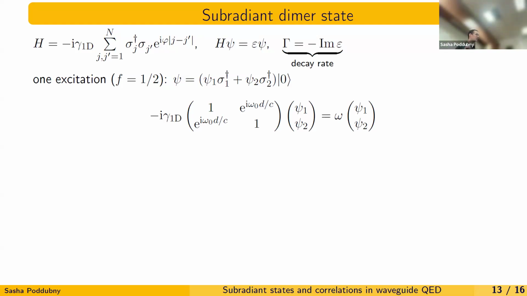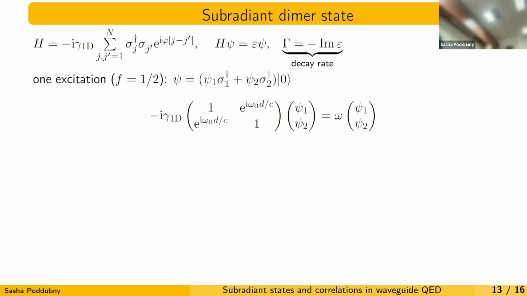Let's do this together for N equal to 2. Probably I should have done it on slide 2, but it's still the time. So I have two atoms and one excitation, which is either here or there. I substitute this thing here, phi is omega naught d over c, and I have a 2 by 2 matrix equation.